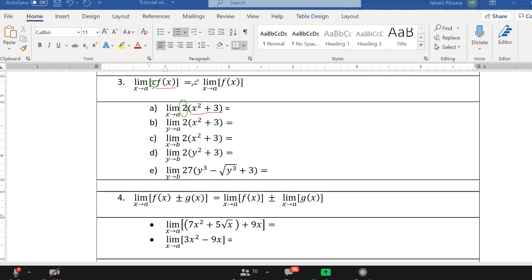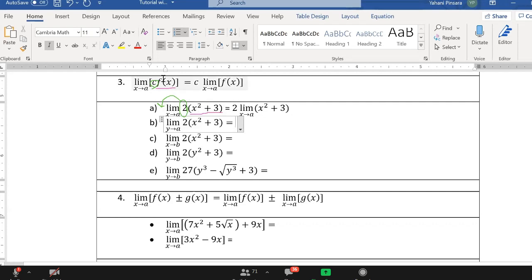So in that case, you can take this 2 outside. Okay. So the answer should be here. You can take the 2 outside, right? So likewise, what is the answer for this one?